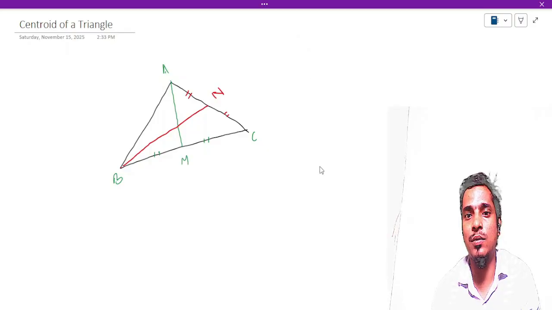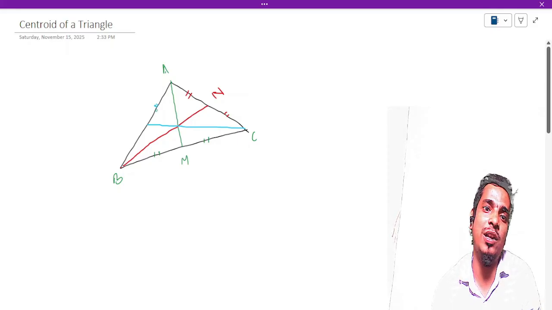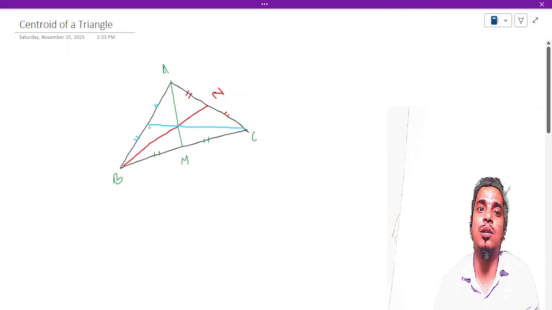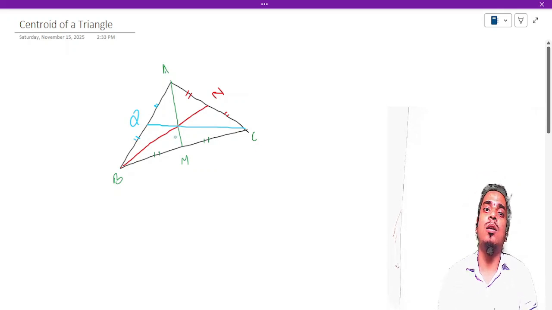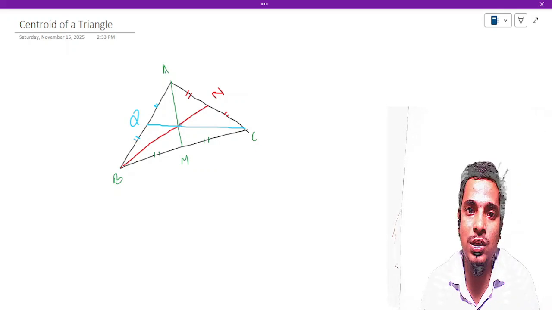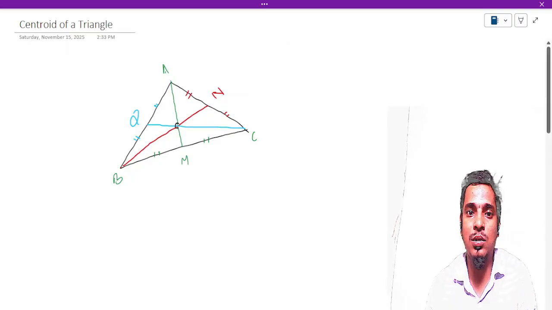Likewise, we can draw a line from the vertex C to its opposite side, which divides the opposite side into two equal parts. So this CQ is the median for the side AB. Now we can see that the three medians of the triangle meet at a point.